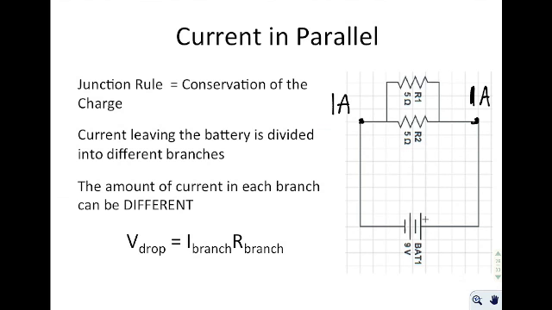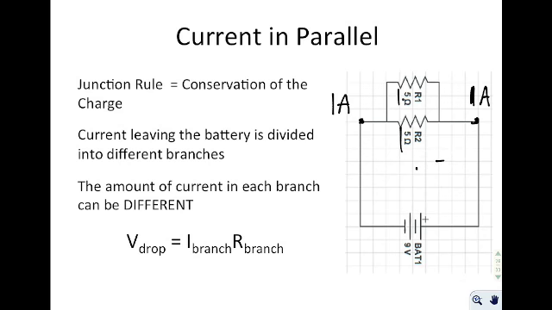Now, the problem is that the charge is split between 2 branches. Okay, I have no idea at this point how much charge is in which branch. Now, you could probably figure it out based on the fact that these 2 resistor values are the same. You've got 5 ohms and you've got 5 ohms, which means that they're each going to take half the charge. Okay? But if we were to take a look at it from a different perspective, what if we changed this value?